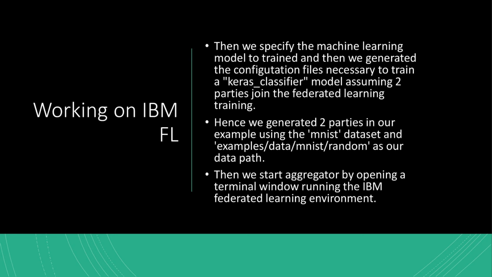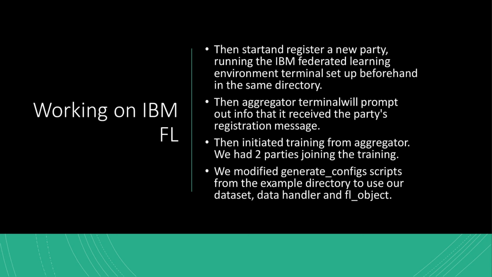After that, they started the aggregator terminal by opening a terminal window running the IBM Federated Learning environment. Then they proceeded with the next step, that is to start and register each new party running the IBM FL environment terminal set up beforehand in the same directory. But they did this in a different terminal than the aggregator for each party, but in the same environment.